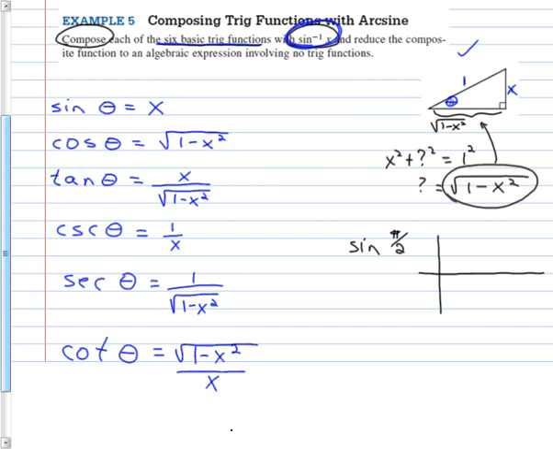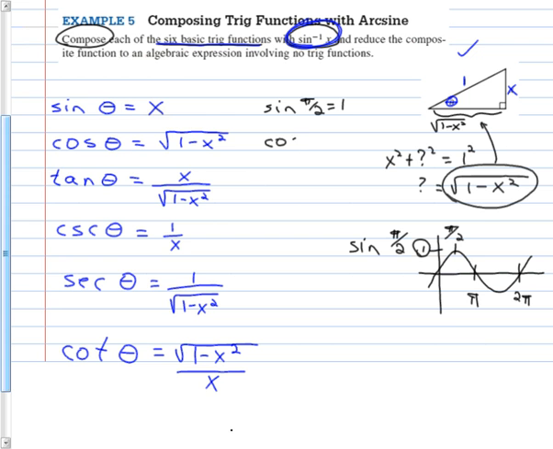I'm going to think of the sine graph to help me out. That distance is 2 pi. That distance is pi. So that distance is pi over 2. What's the sine of pi over 2? It is 1. So the sine of pi over 2 equals 1.